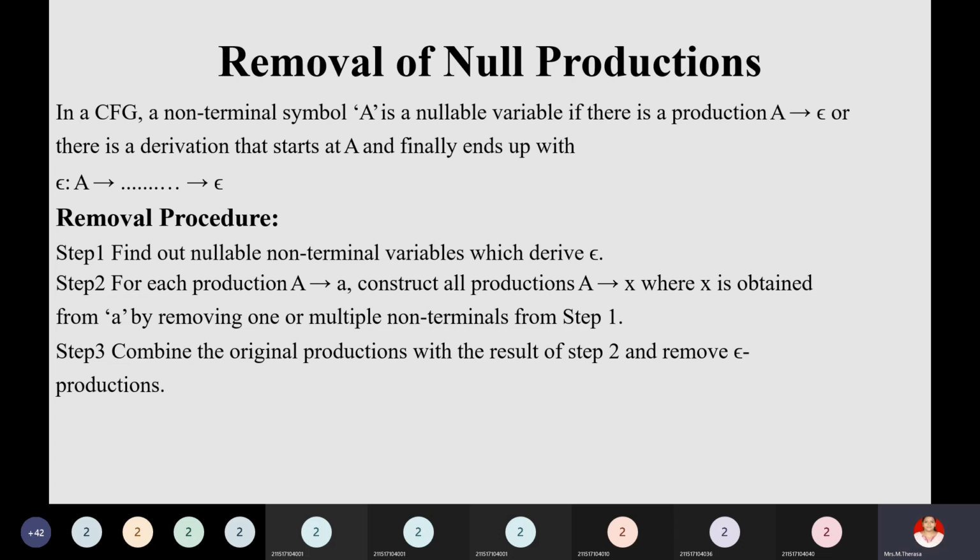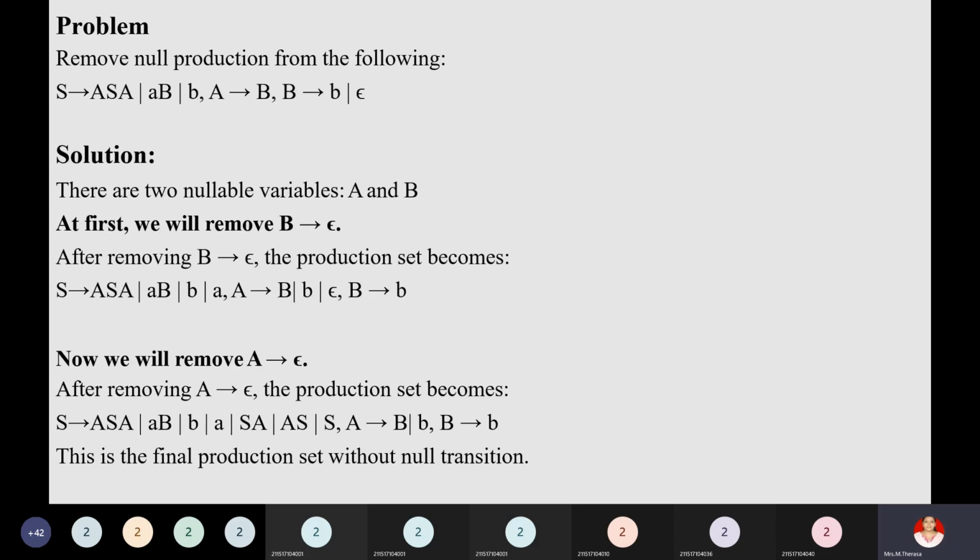Step 1, find out the nullable non-terminal variables which derive epsilon. Step 2, for each production A tends to alpha, construct all productions A tends to X, where X is obtained from alpha by removing one or multiple nullable non-terminals from step 1. In step 3, we combine the original productions with the result of step 2 and remove the epsilon production. And we have seen one example to remove the null production.